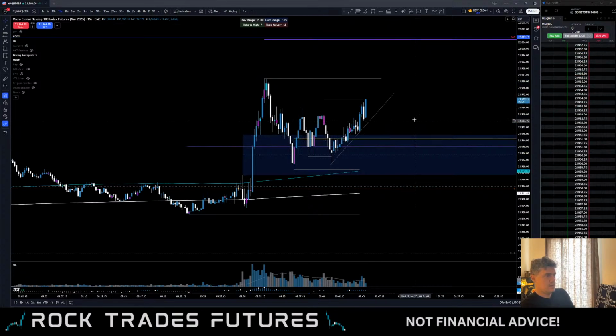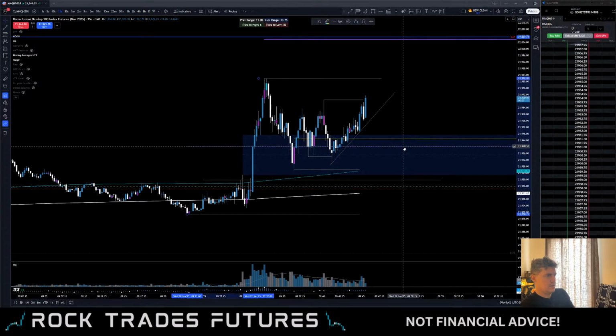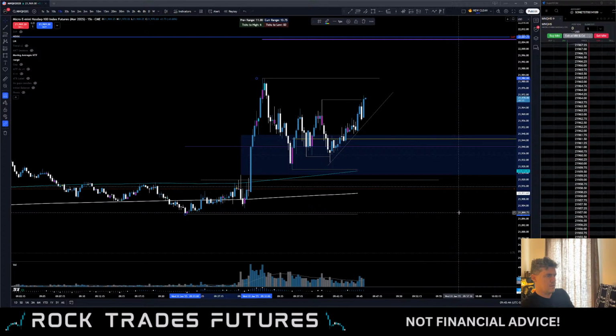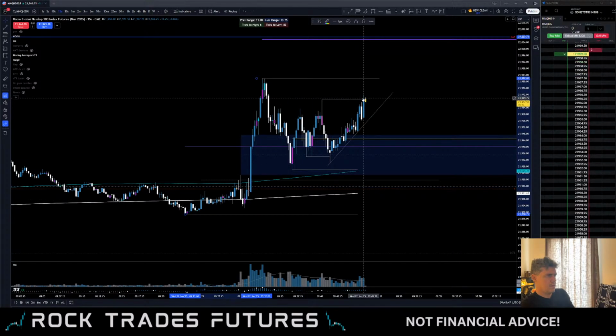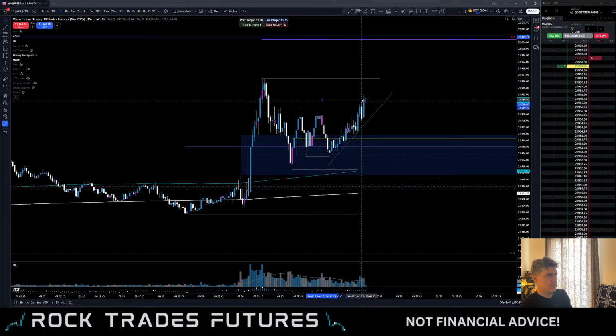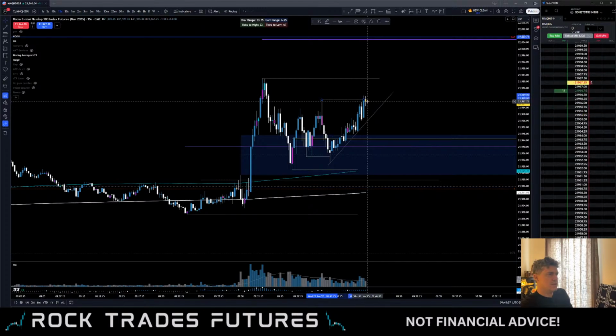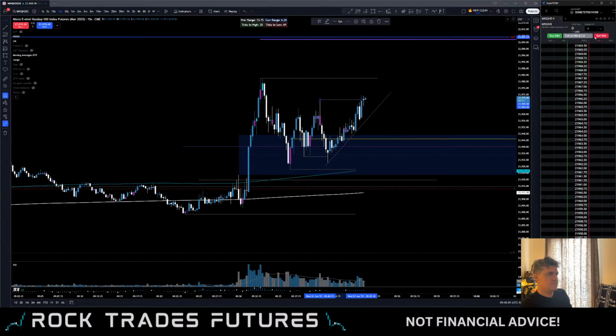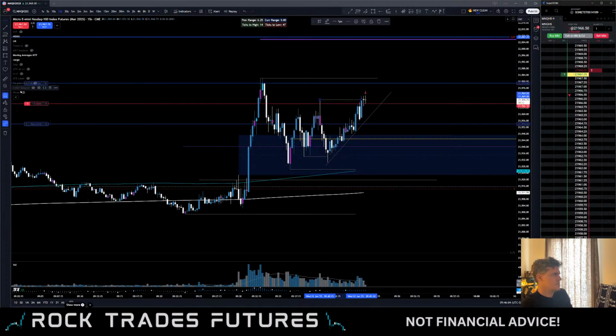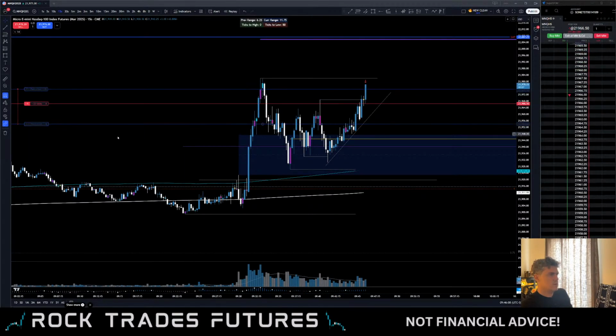Too many lines, not necessary. Inside down close bar. Not sure what to call this model. Is it an A++? Tempted to sell this. Order filled. Okay.